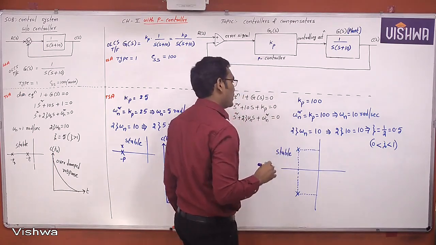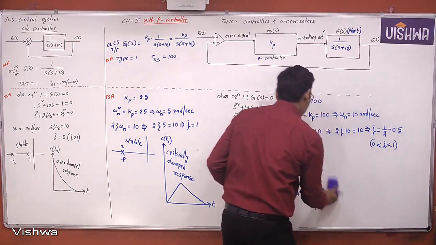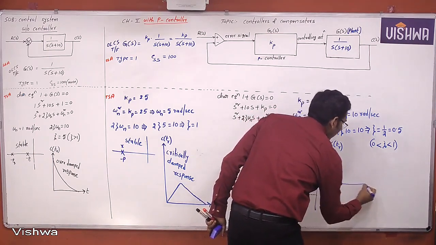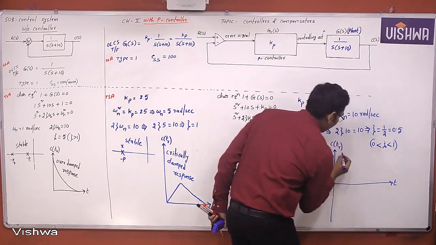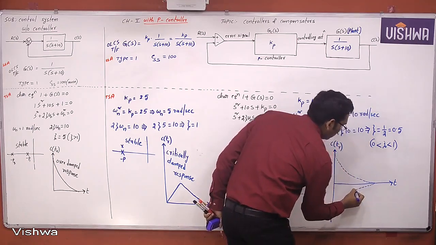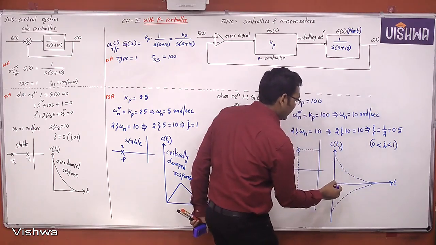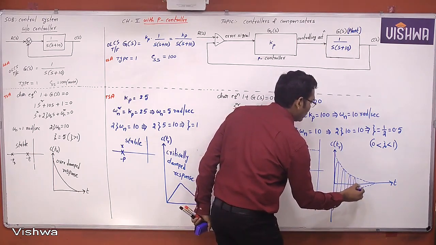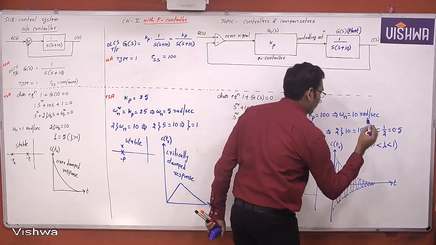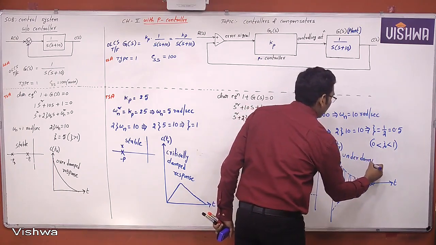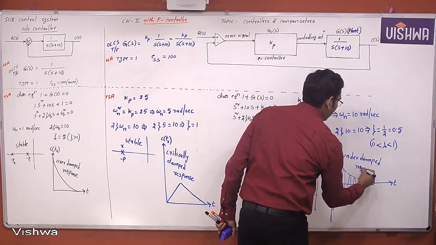These complex conjugate poles give the underdamped response. This is c(t) with exponentially decaying, decreasing amplitude of oscillations. This is nothing but the underdamped response.